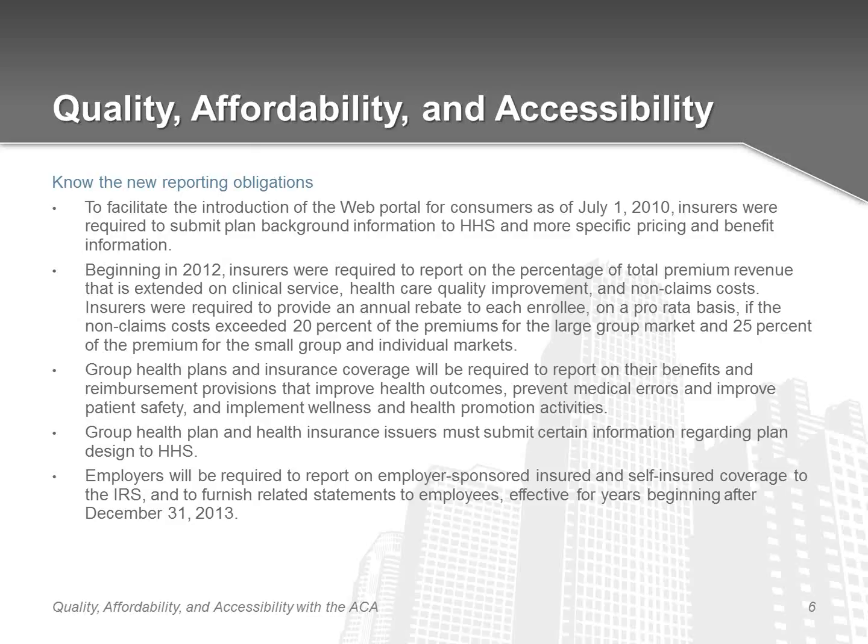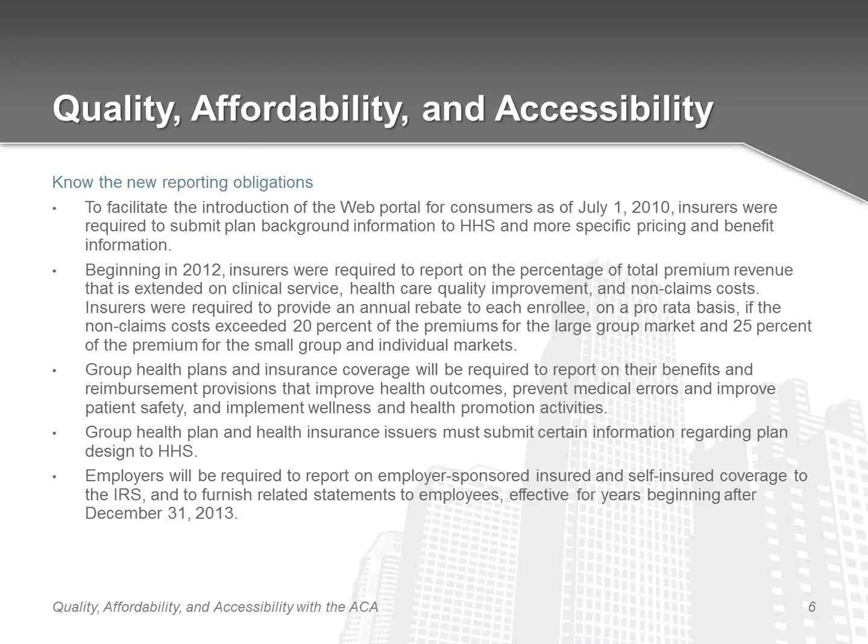Number 3, group health plans and insurance coverage will be required to report on their benefits and reimbursement provisions that improve health outcomes, prevent medical error, improve patient safety, and implement wellness and health promotion activities. Okay, that has not happened yet.